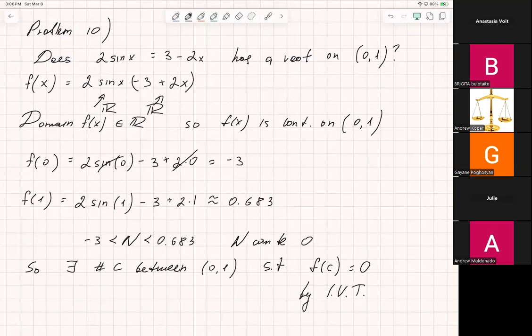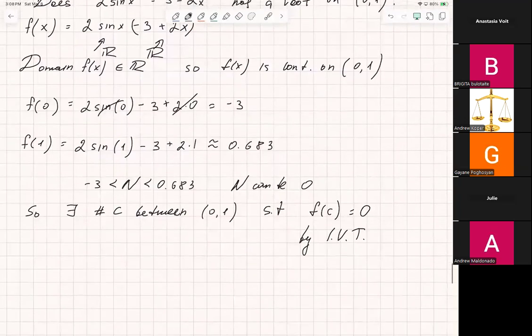And that would be the solution. Or you can say that f of x has a root on 0 to 1.